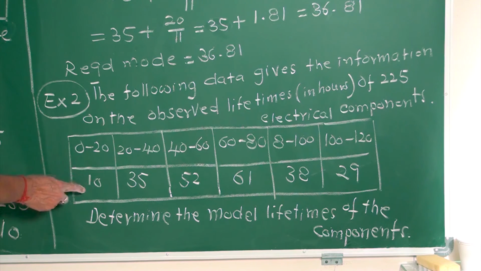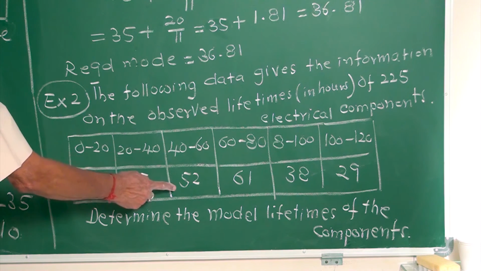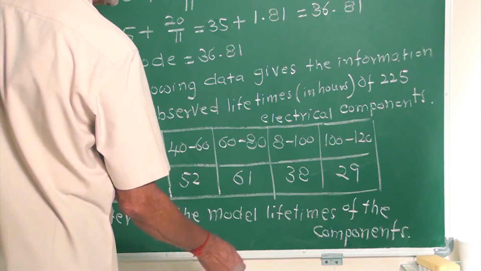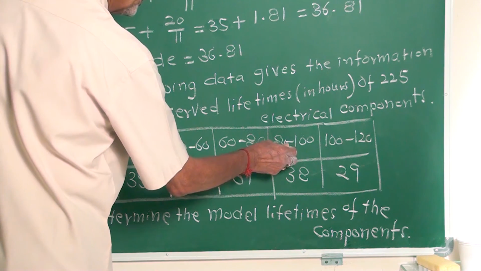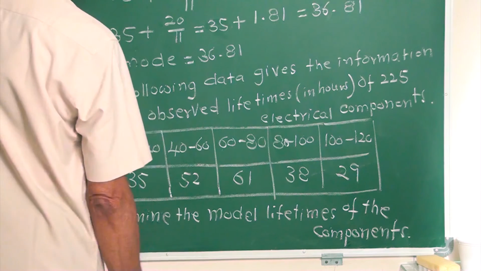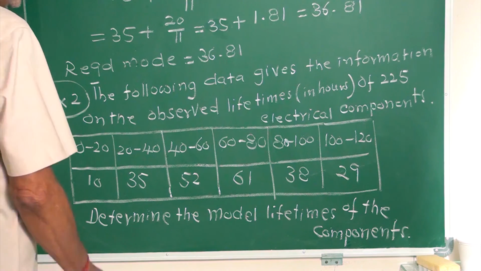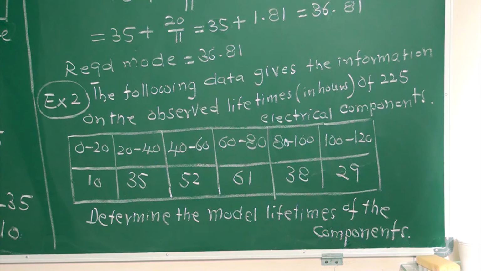Between 0 and 20 there are 10, 20 to 40 there are 35, 40 to 60 there are 52, 60 to 80 there are 61, 80 to 100 there are 38, and 100 to 120 there are 29. Determine the modal lifetime of the components.